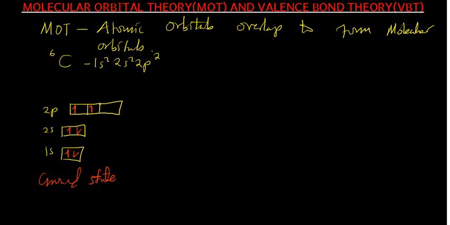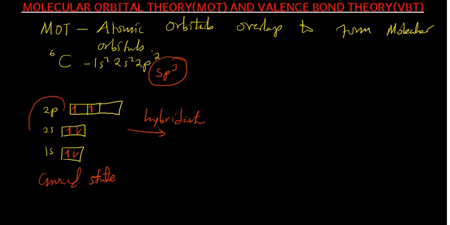Now if it undergoes hybridization, the first kind of hybridization we can talk about is sp3. This kind of hybridization means we are combining one s orbital with 3 p orbitals. Now, it is only electrons in the outermost shell which take part in a chemical reaction.